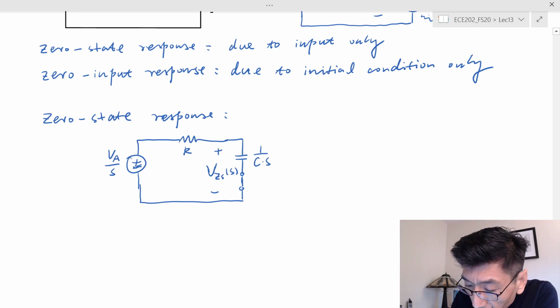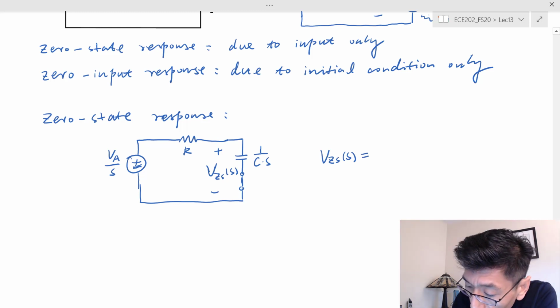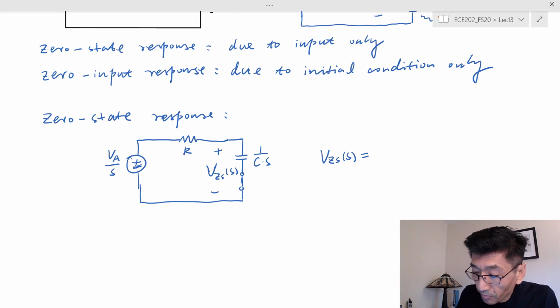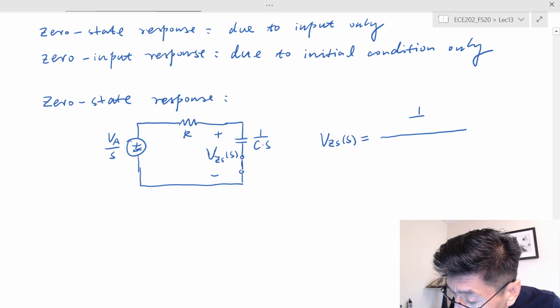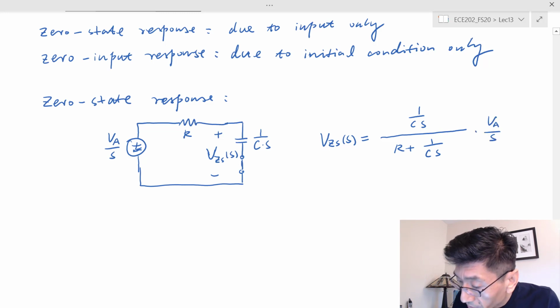In this case, the voltage division for V_ZS, where the subscript ZS stands for zero state, should be equal to the impedance 1 over CS, over R plus the sum of these two impedances, times V_A over S.